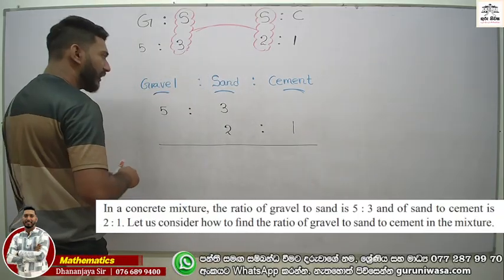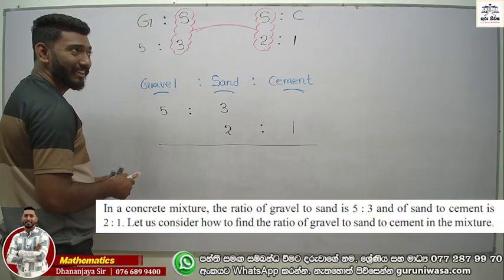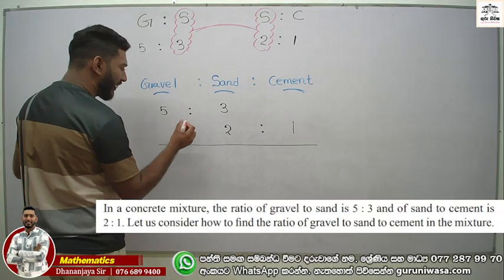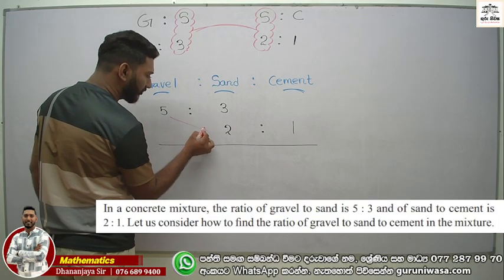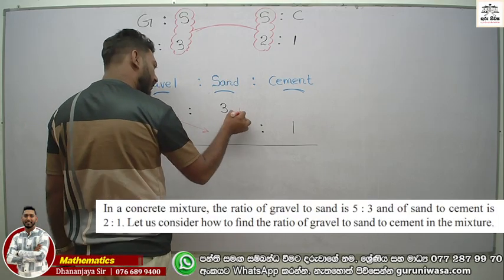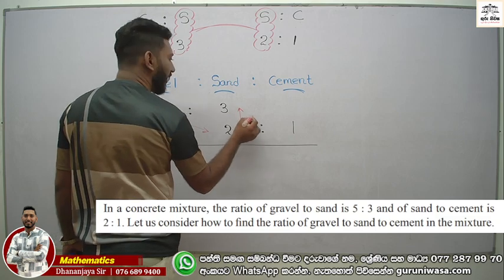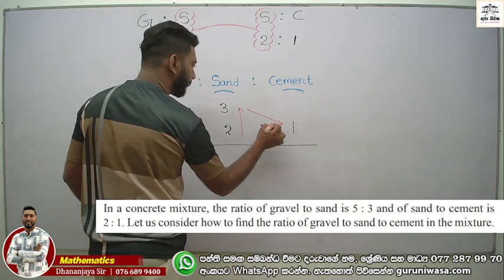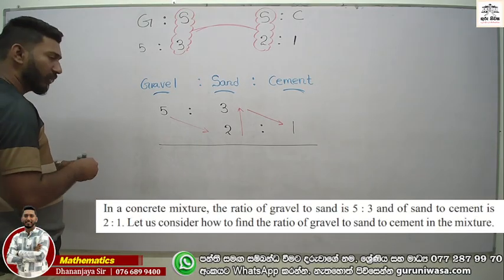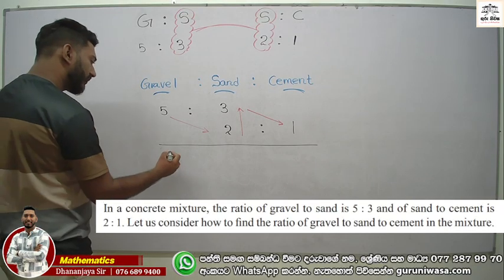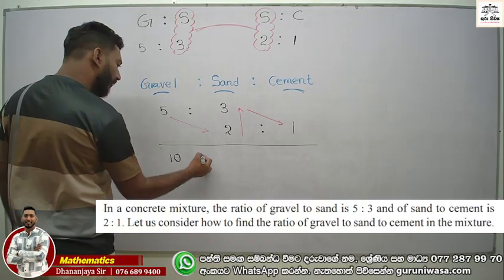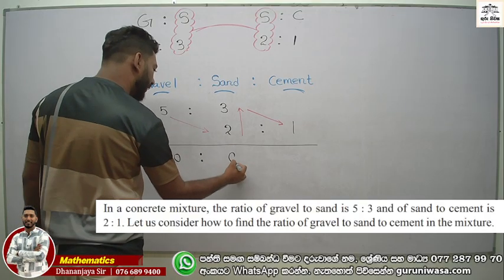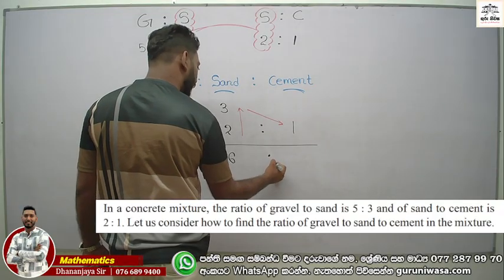This method we call the zigzag method. 5 times 2, and 2 times 3, and 3 times 1. Now 5 times 2 is 10. 2 times 3 is 6. And 3 times 1 is 3.